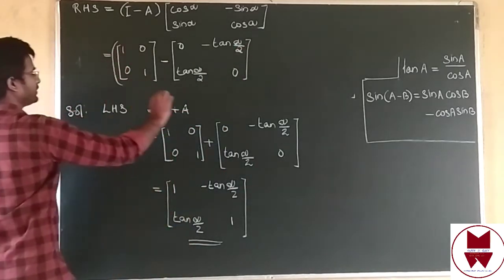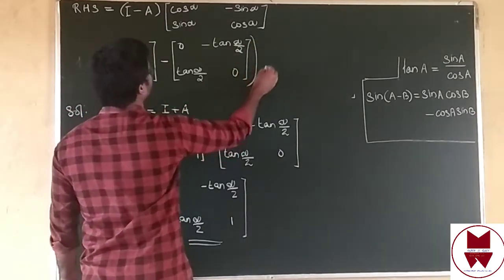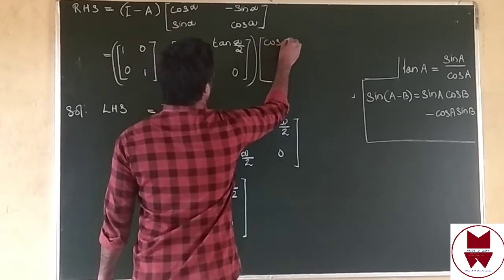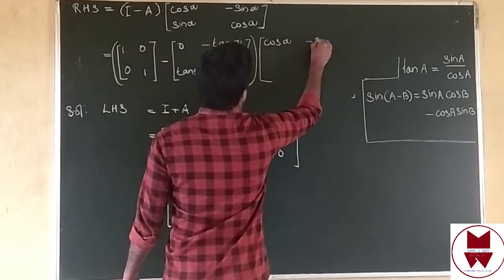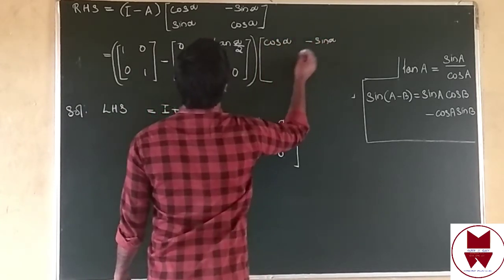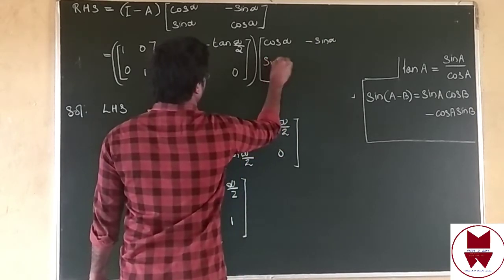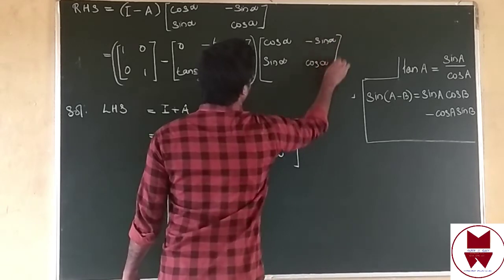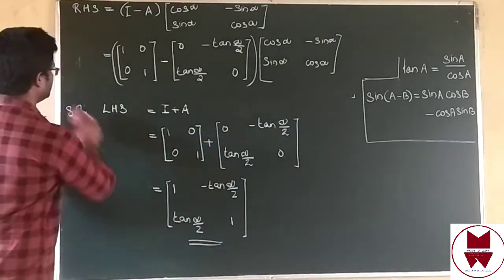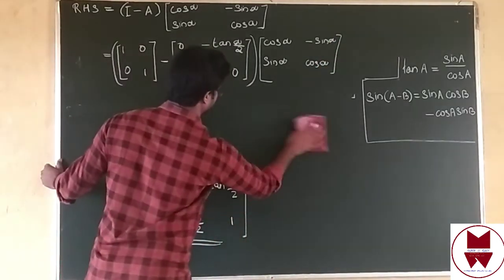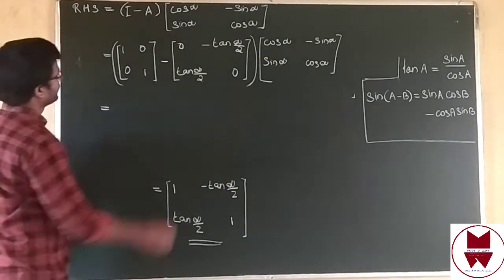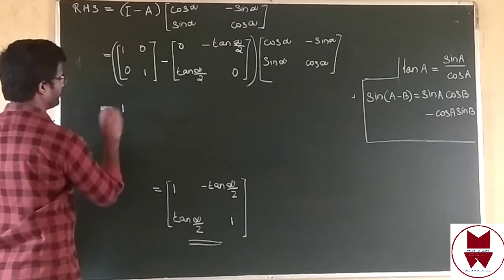Then into this part, we can write the matrix [cos alpha, minus sin alpha; sin alpha, cos alpha]. Now we can subtract: 1 minus 0 is 1, isn't it?